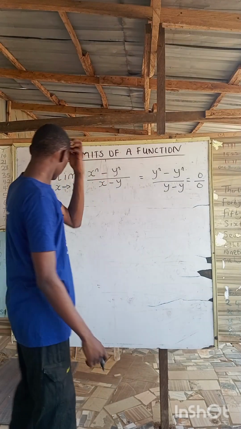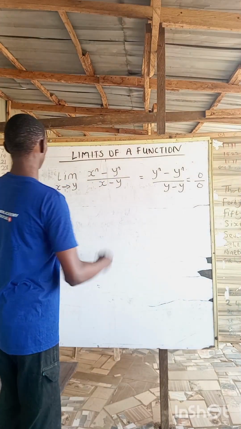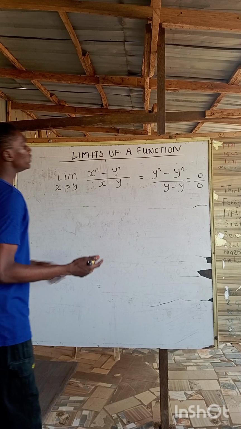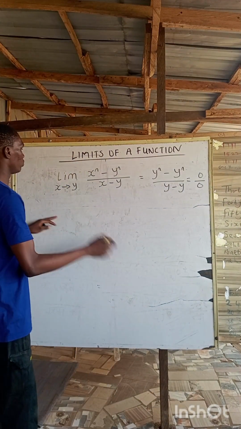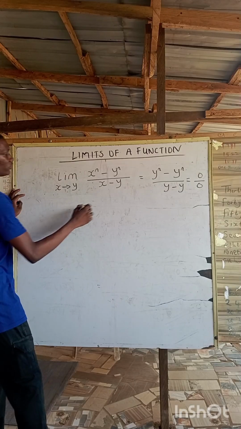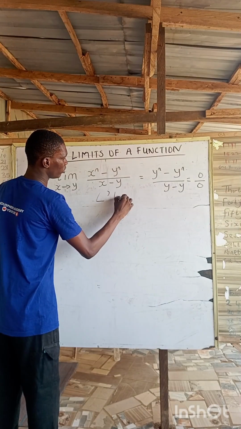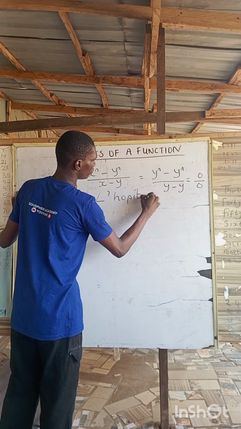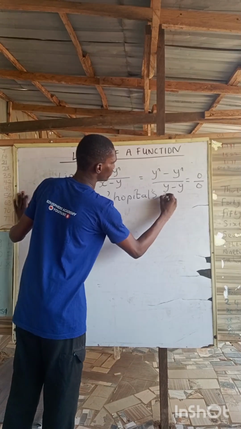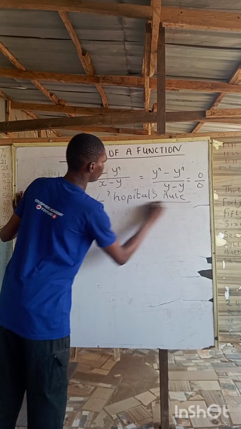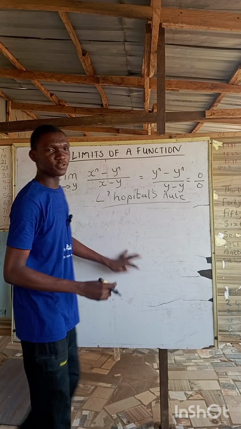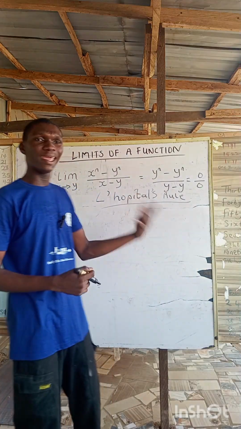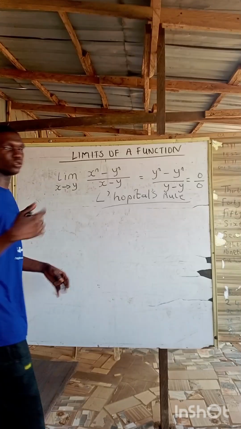All right, so what do you do? Now we can move to L'Hopital's rule. L'Hopital's rule is just the normal differentiation. So to use L'Hopital's rule, we are going to differentiate with respect to x.